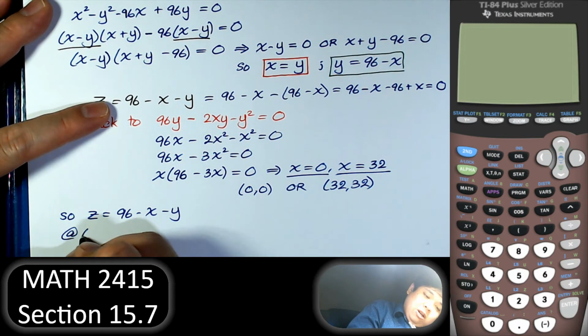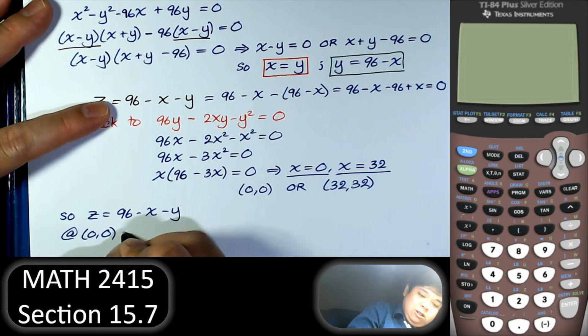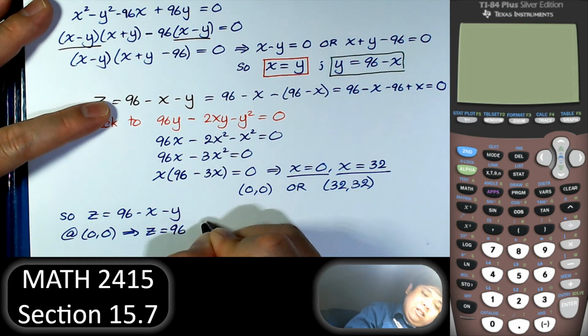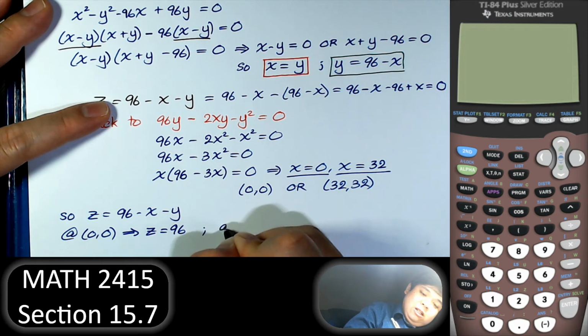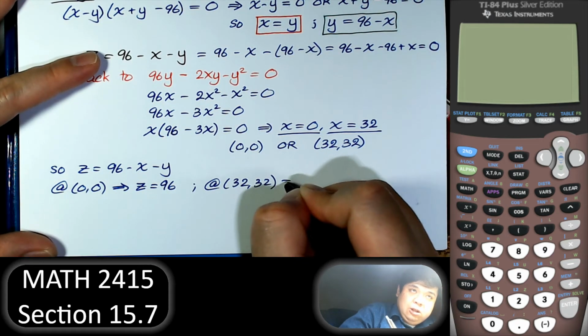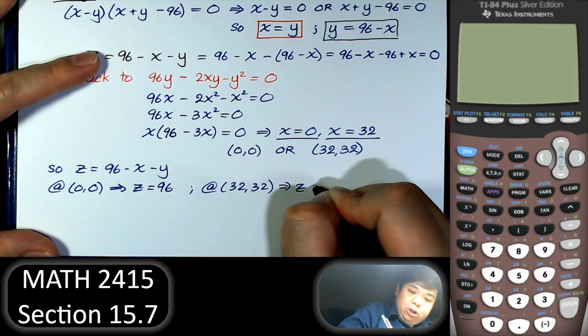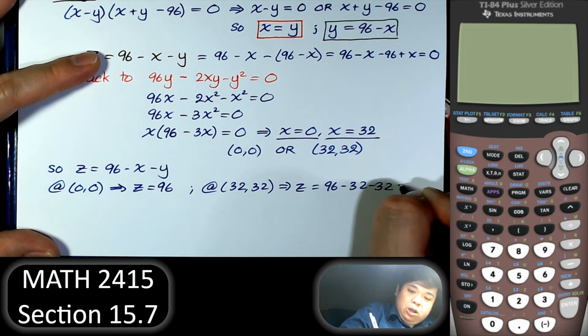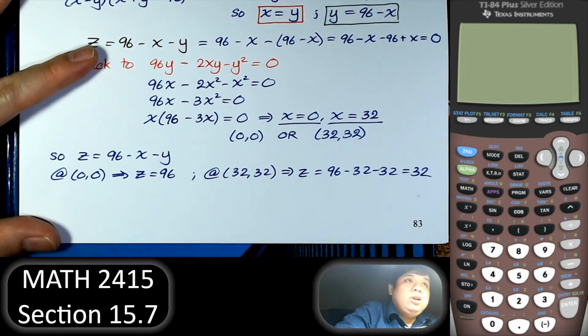So for 0, 0, z is equal to 96. For 32 and 32, z is equal to 96 minus 32 minus 32, which is also 32.